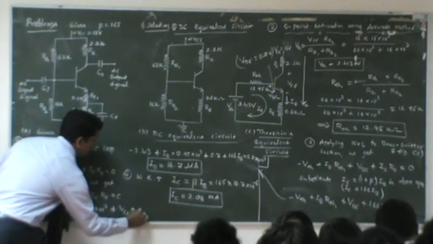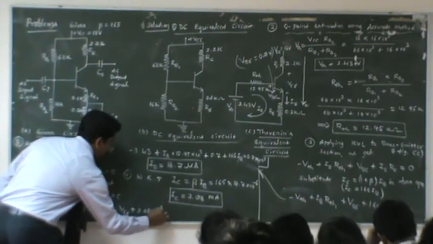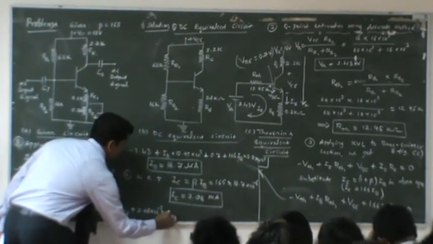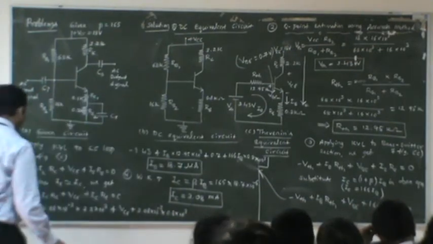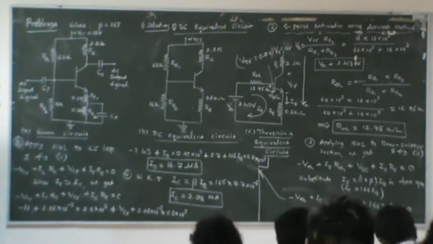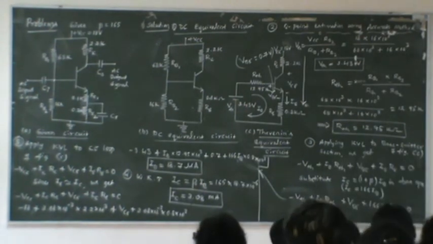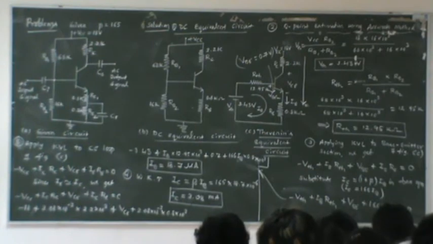IC is again 3.08 into 10 power minus 3 into RE is 0.8, 0.8 into 10 power 3. Find out from this what is the value of VCE. 8.766, that's correct.